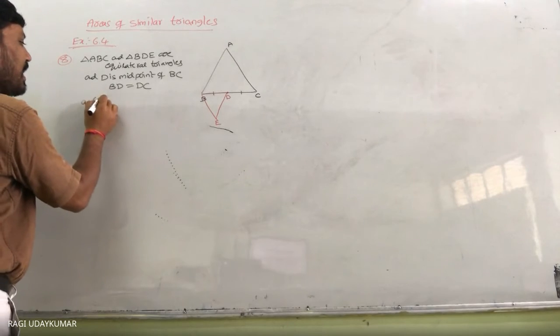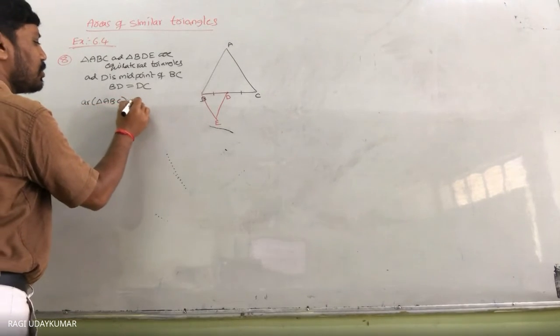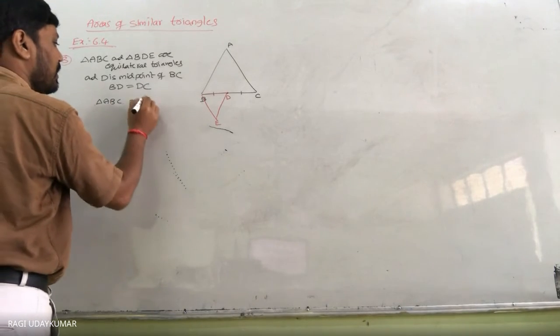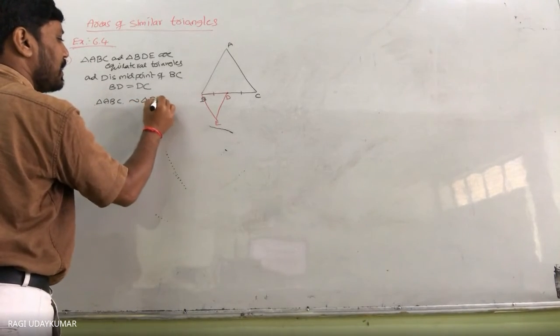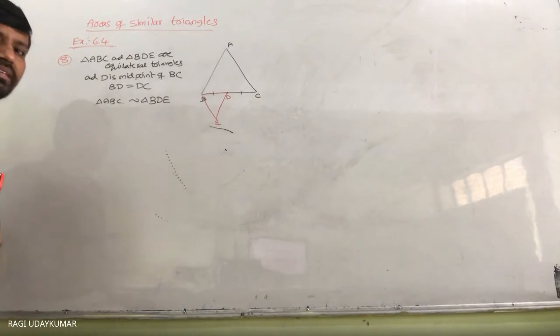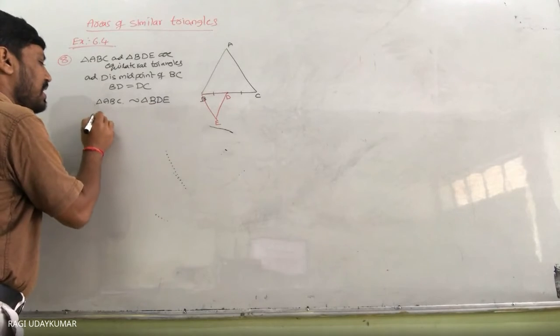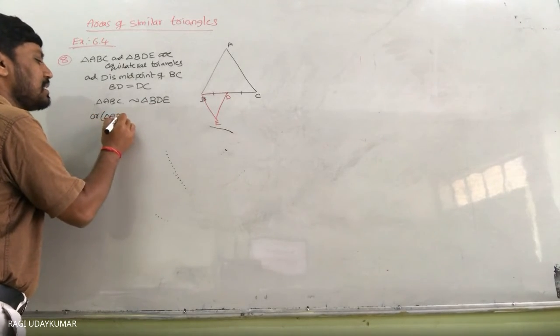So triangle ABC is similar to triangle BDE.